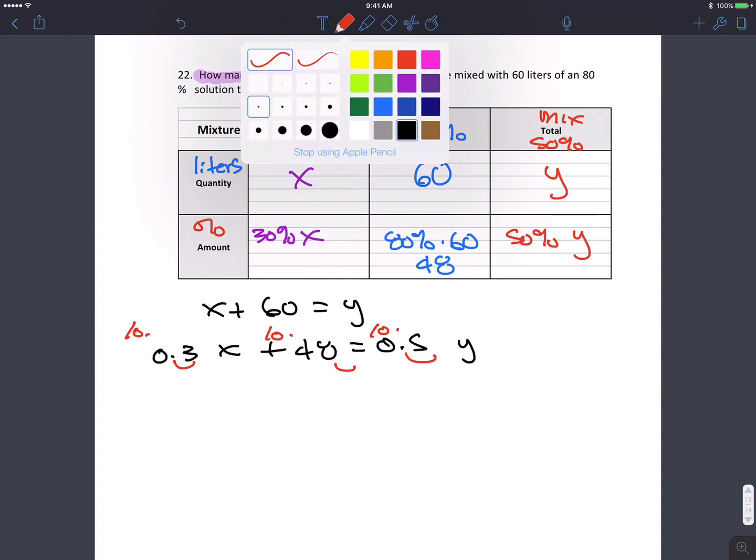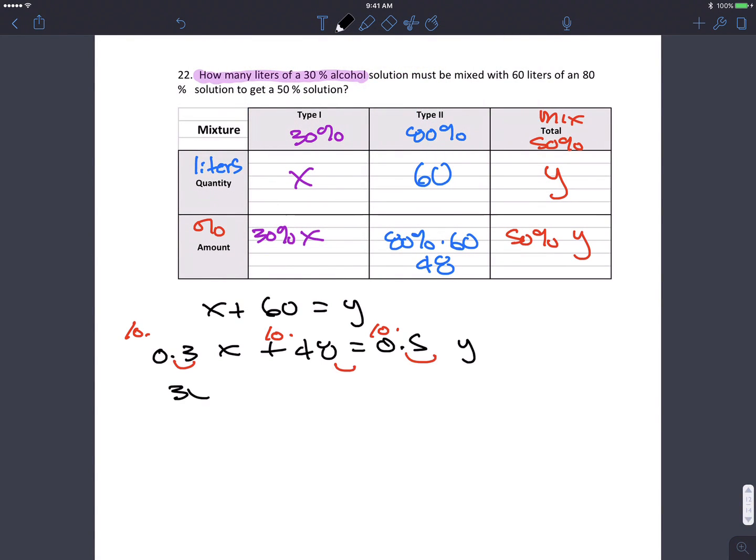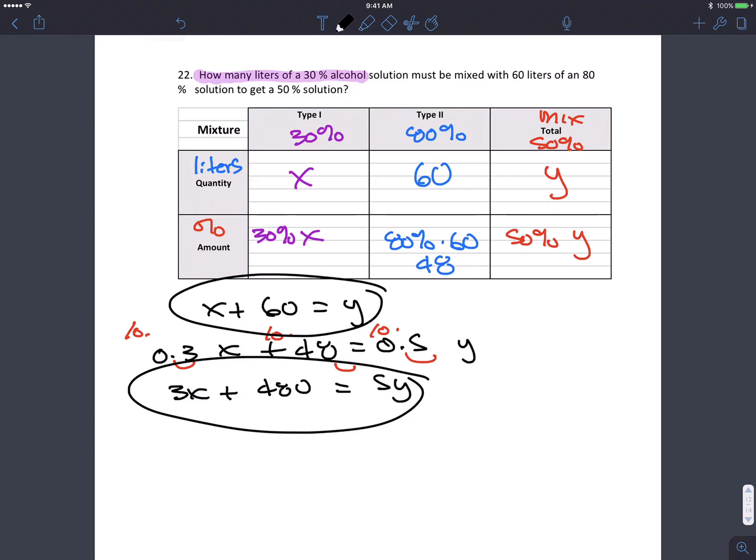The second equation really is going to be 3x plus 480 is 5y. First equation and second equation. We're going to plug in for y. Since I already have y solved as x plus 60, I'm going to replace y with x plus 60.